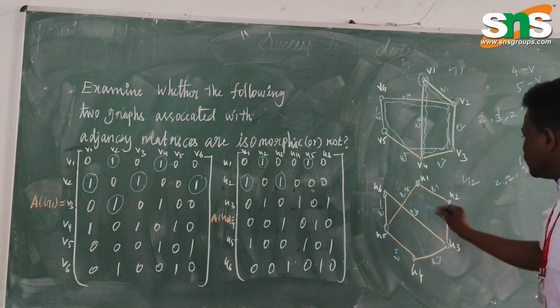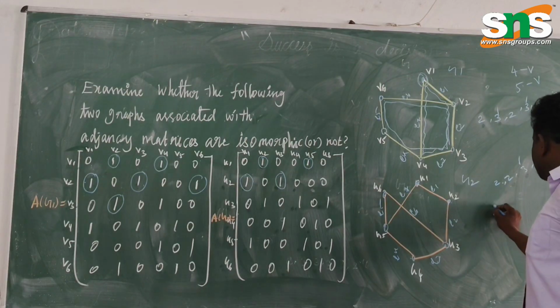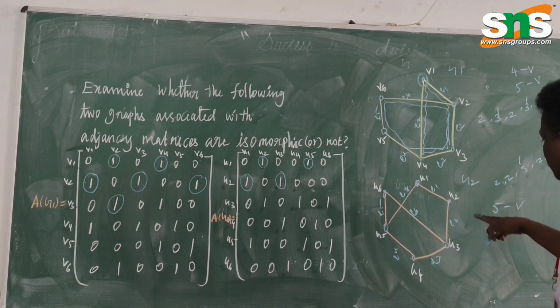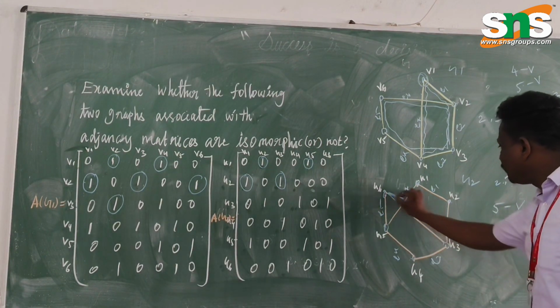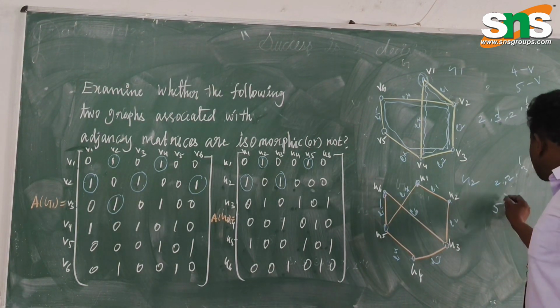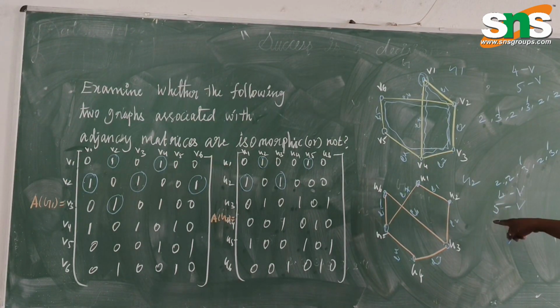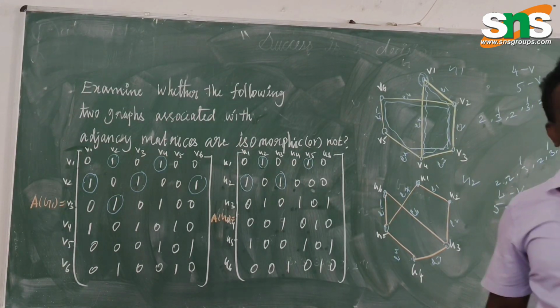This is another cycle. So it also has 2 different cycles, among 4 vertices and 5 vertices. The same cycles are present in both graphs, so the adjacency is satisfied.